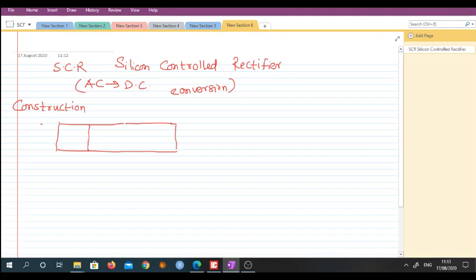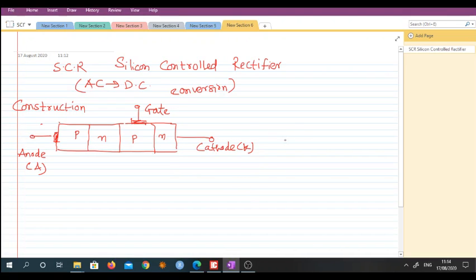This is P, N, P and N. This terminal, this side, is called the anode and it is denoted by A. This terminal is called the cathode and it is denoted by K, and this terminal is the gate.